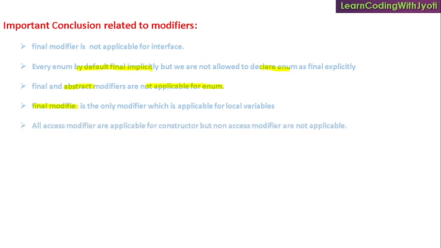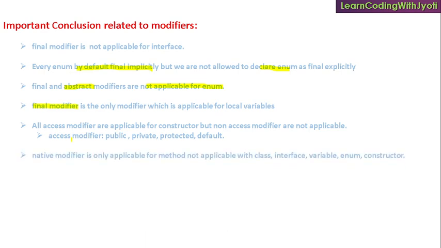The next is all access modifiers are applicable for constructor, but non-access modifiers are not applicable. As we have seen in the previous step, only access modifiers are applicable for constructor, and these are public, private, protected and default.